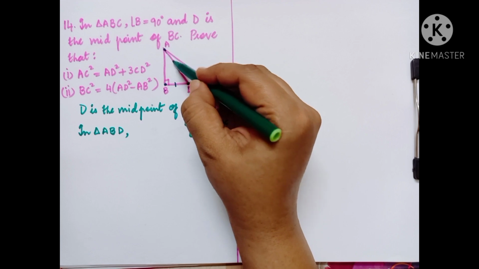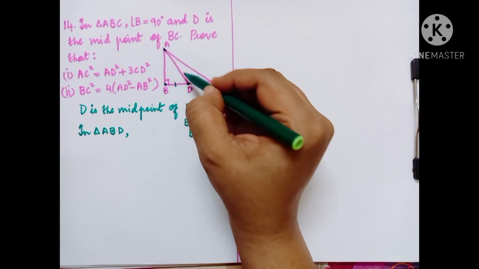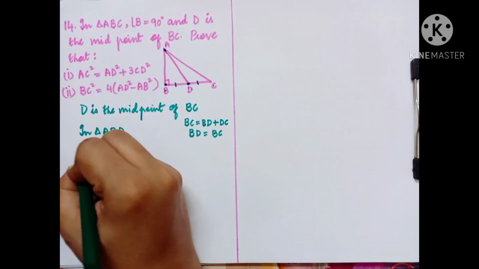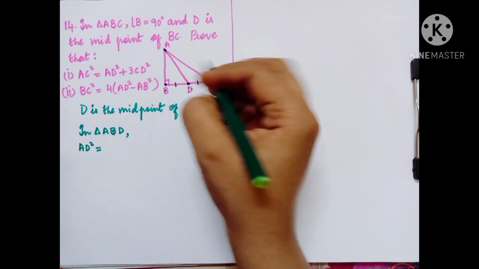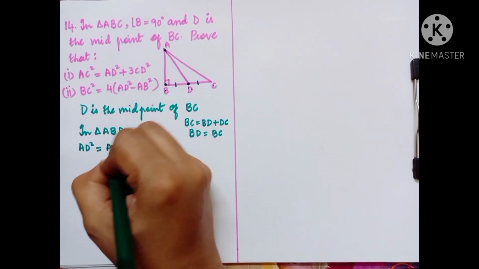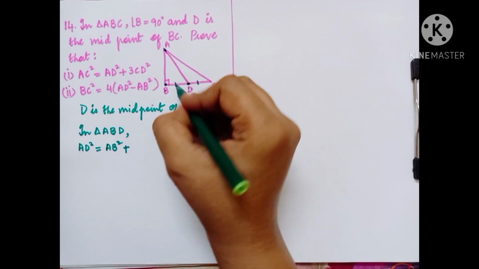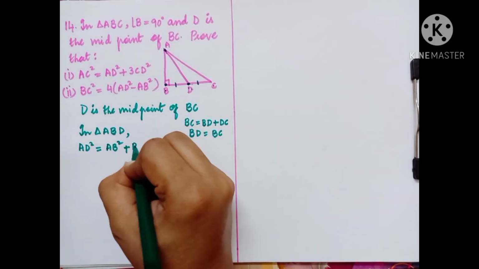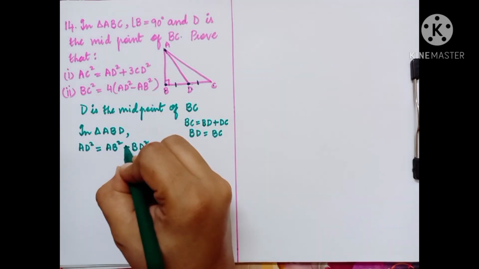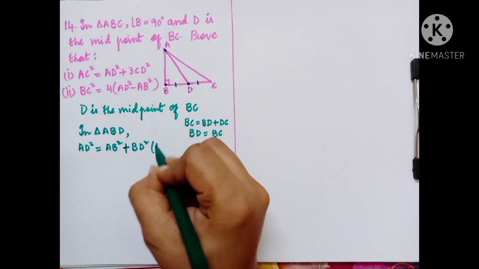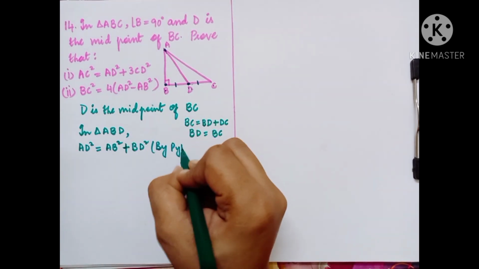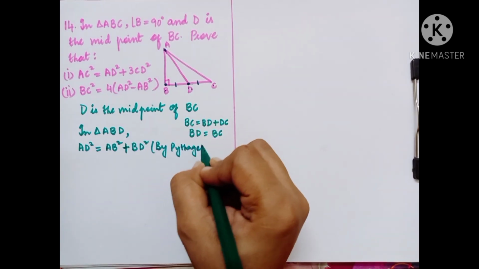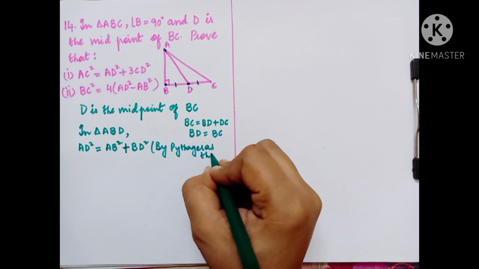So the square of the longest side, that means AD square, equals this part AB square, plus this part BD square, right? So you can write this from the Pythagoras theorem.